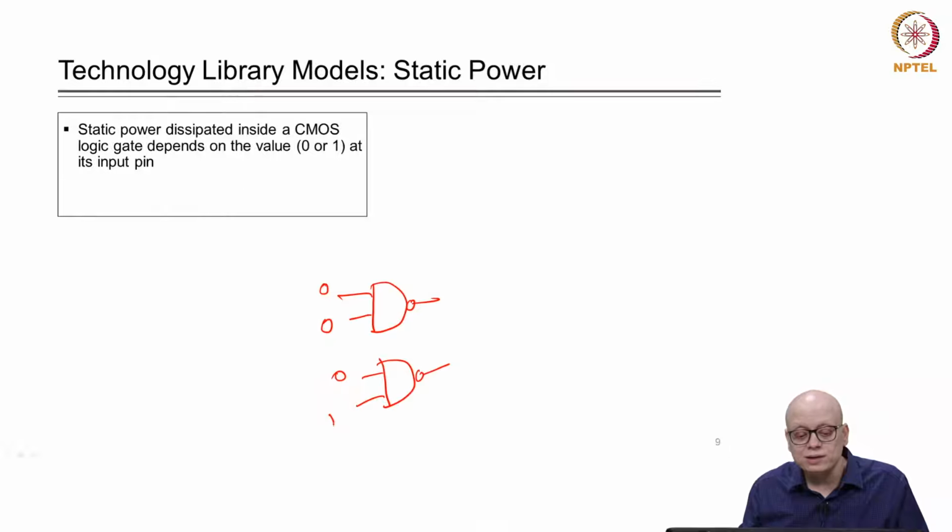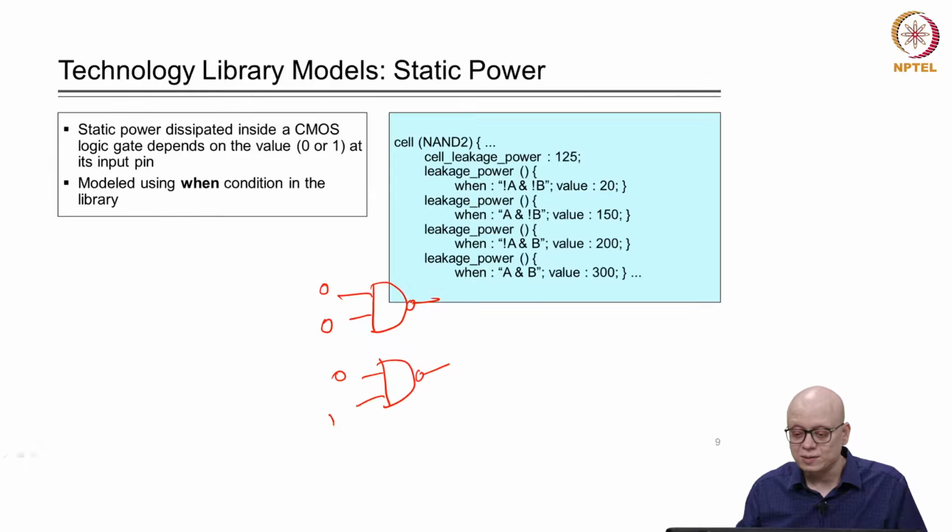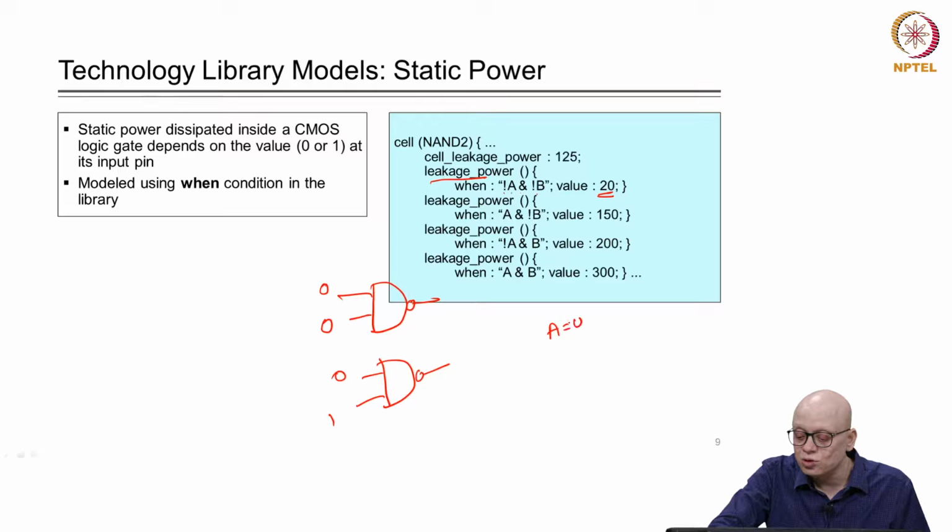So, we model this using a when condition. So, what do we mean by when condition? Let us understand with an example. So, suppose if there is a NAND gate, so we will define leakage power as a value say 20 when not A and not B. What it means is that when A takes a value of 0 and B takes a value of 0. Let us assume that these are the pins.